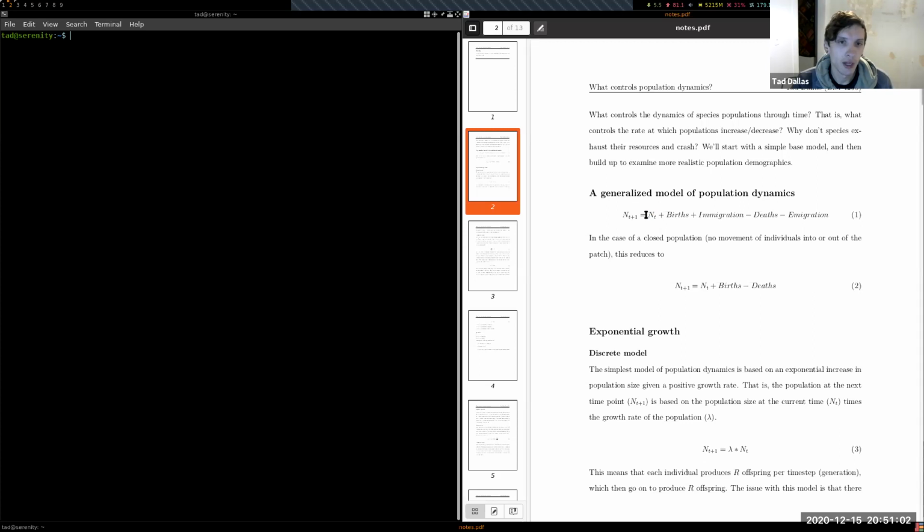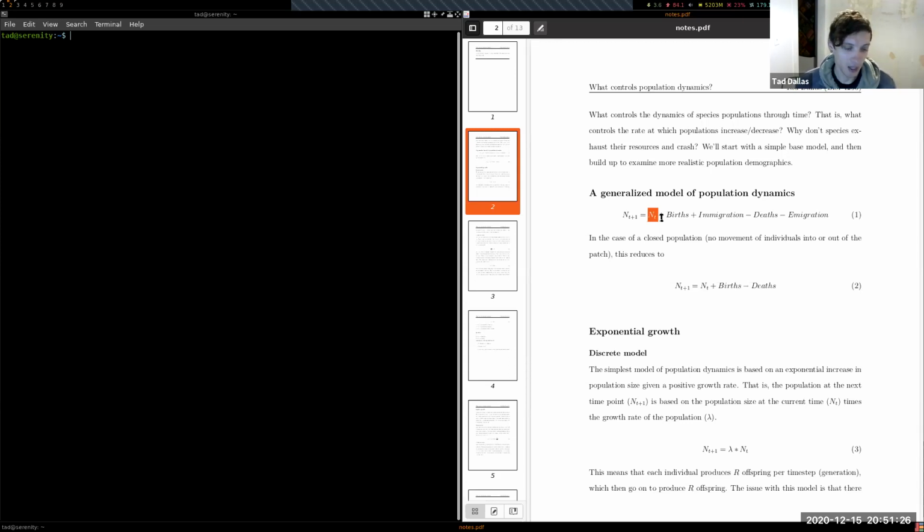And so we might think that the number of individuals in the population at time t would be quite informative, right? If there's 10 individuals in a population today, then chances are there's probably going to be somewhere around 10 tomorrow, right? So that's our base assumption. But then there are other processes that can go on, right?